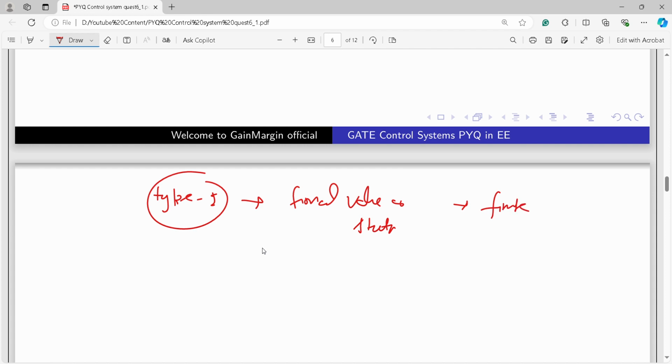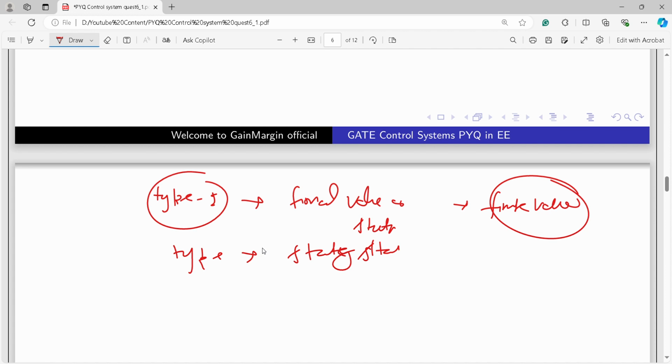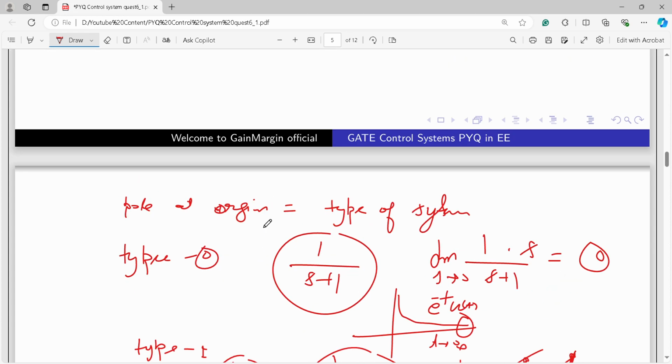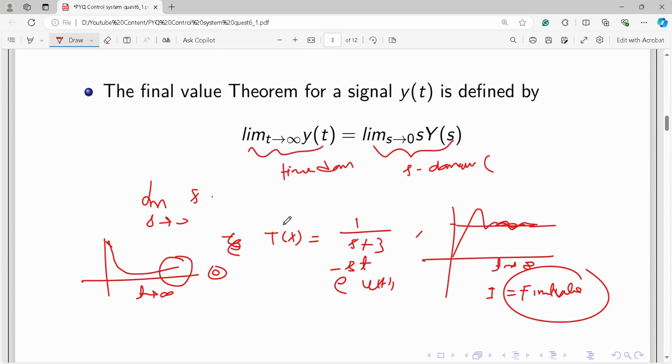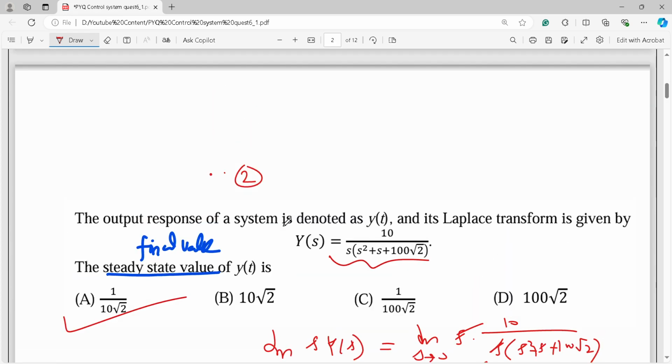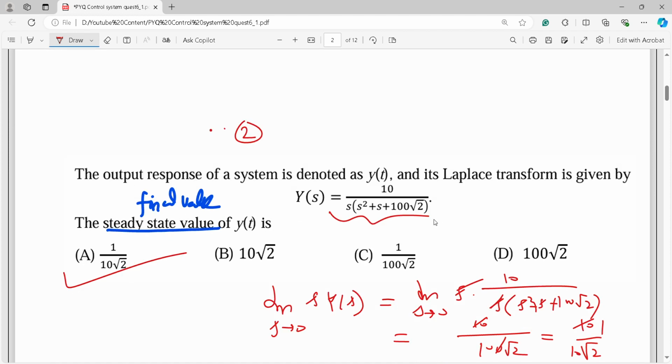Okay, and for a type 0 system the steady state value will always be 0. Okay, so for example, they have given a question in the GATE exam. Here we have shown this is our type 1 system, so that's how we get the finite value.